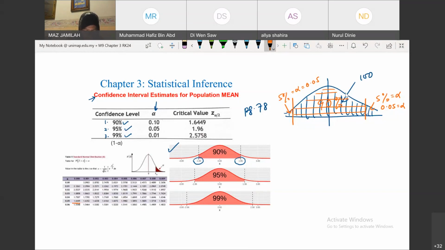So you can take the whole value and that will be the critical value of your 90% confidence level. So this is called the critical value.